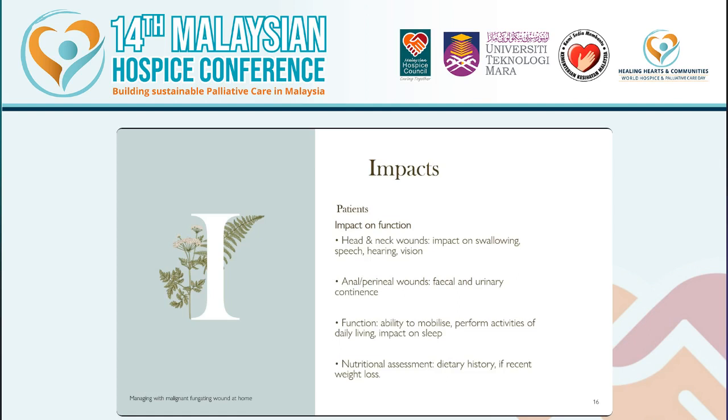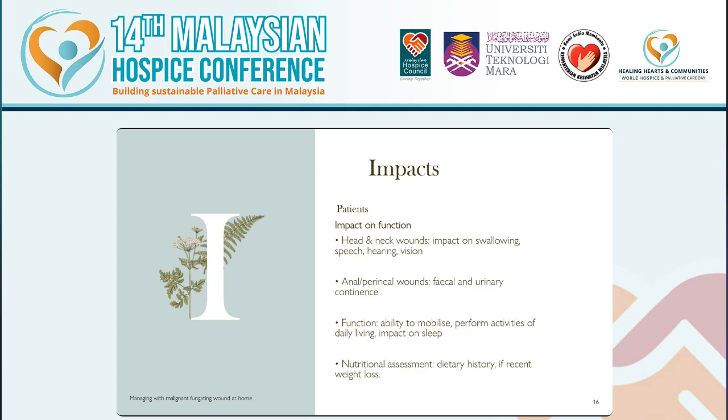And do not forget to also assess their nutrition intake. If the patients start to have weight loss, then we need to do a thorough assessment whether this is partly from the fungating wound or from the treatment or from the disease progression.